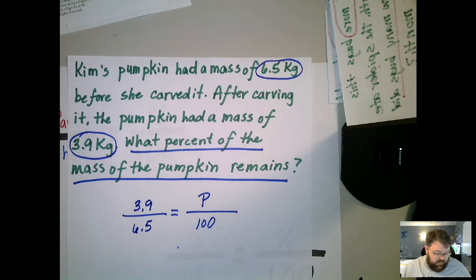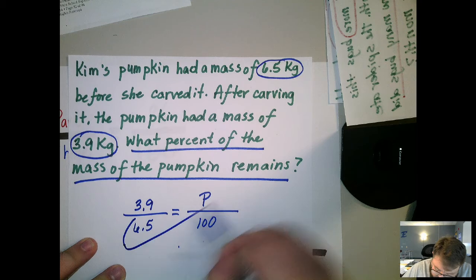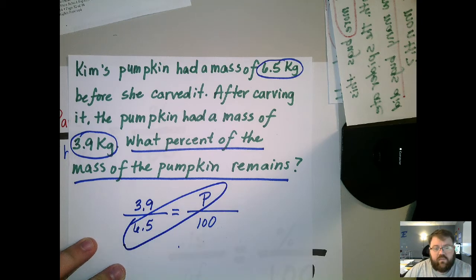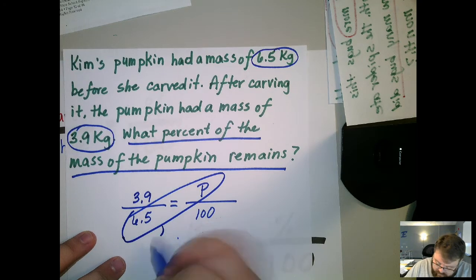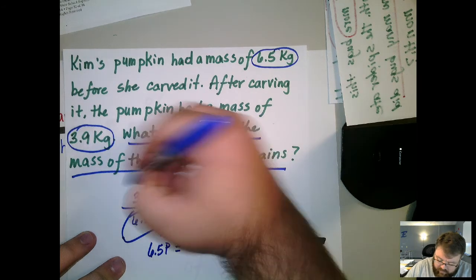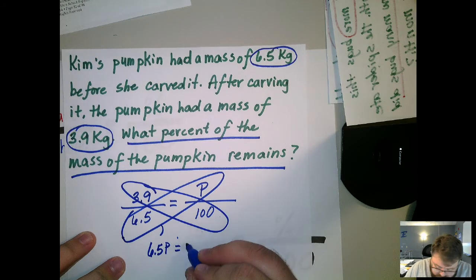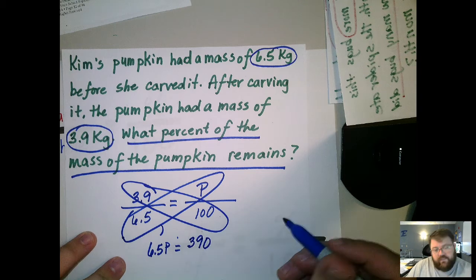Okay, now what I want to do next is cross products. So I'm going to do 6.5 times P, which is 6.5P. 3.9 times 100, which is 390.